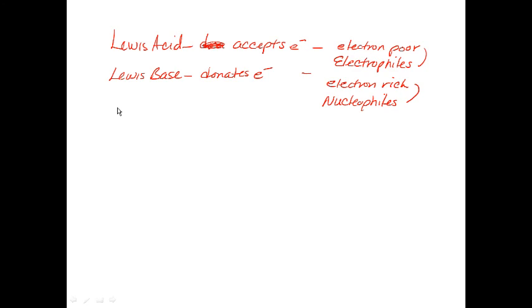But what we'll do is we'll talk specifically about how acid-base chemistry relates to organic chemistry and some of the organic acid-base pairs that we're going to commonly see, and then talk a little bit more about the electrophile nucleophile terminology, and also this idea of the arrows and which way they go in terms of electrophiles and nucleophiles reacting together.